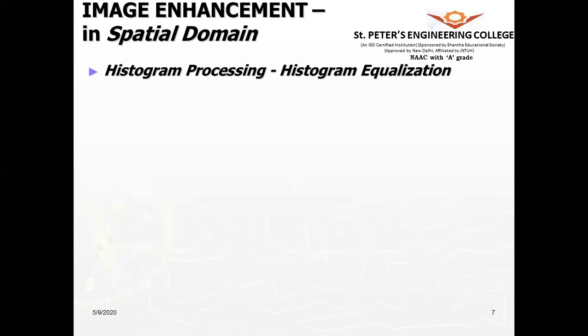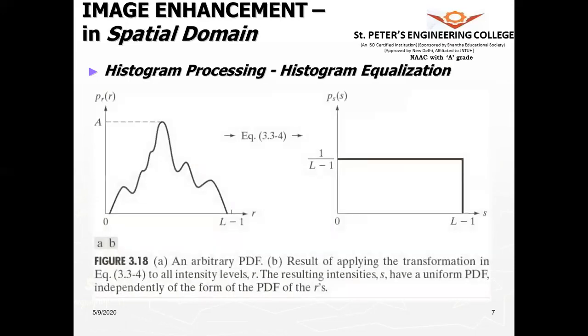Image histogram processing. So what we desire is to perform histogram equalization. What does that mean? It means that if you take the PDF of any arbitrary function, plot the graph, and apply this transformation, it should give a uniform amplitude like this. The probability of that output should be a uniform function like this.